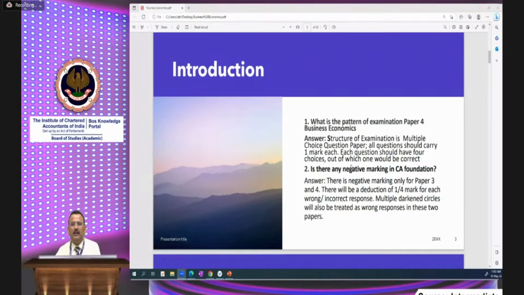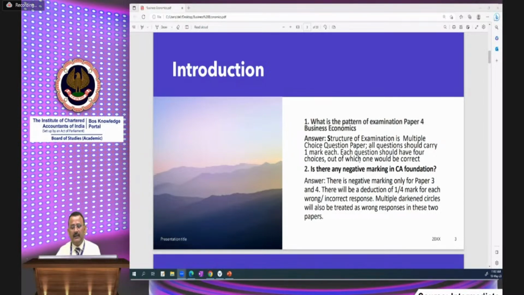Now, we receive a lot of queries regarding the pattern of examination and the questions regarding negative marking. It is very much there in paper 3 and 4. There is negative marking for paper 3 and 4. There will be deduction of 1/4 of the marks for each wrong or incorrect response.